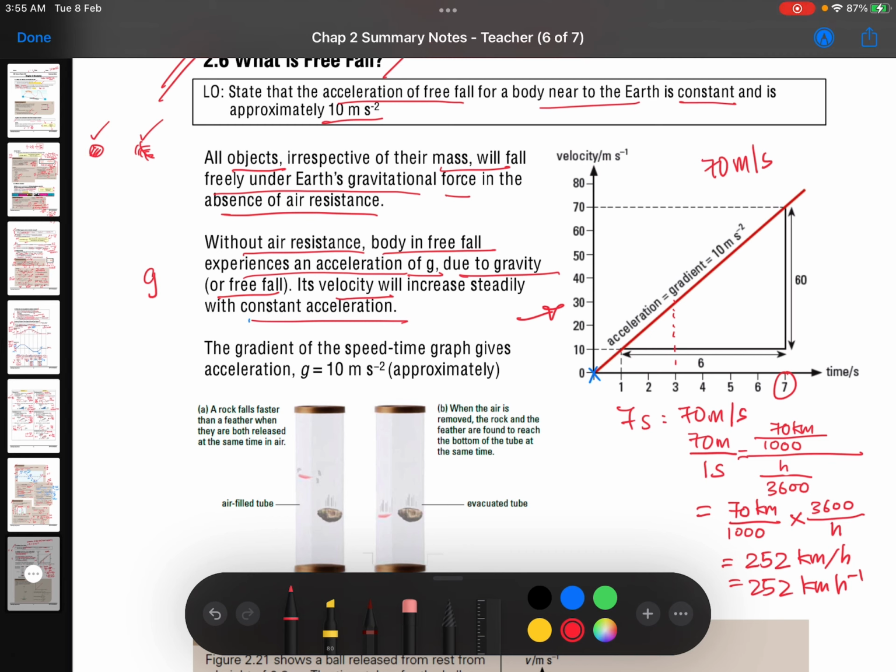So you can imagine, if you have an object that drops for 7 seconds, by the time it reaches 7 seconds, the speed is an alarming 252 kilometers per hour.